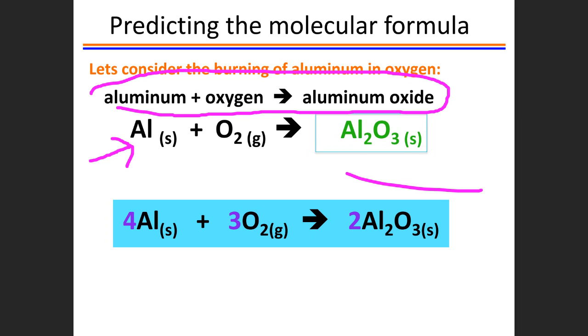I have 3 here and 2 here. I'm not going to balance aluminum first, because I can balance aluminum anytime. So I'm going to put 2 here, giving 6 oxygen, and I will put 3 to get 6 oxygen. Finally we have 4 aluminum, so I will add 4 aluminum here. This is how you have to move on.